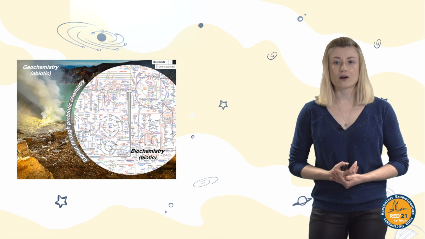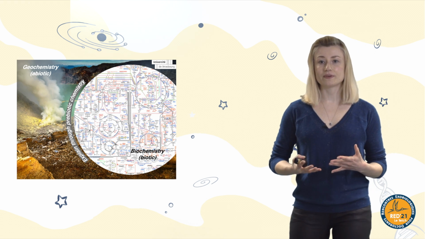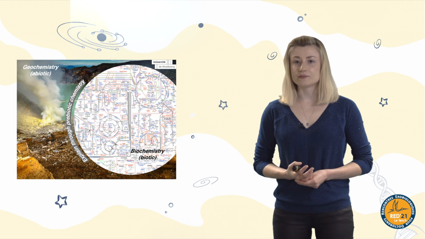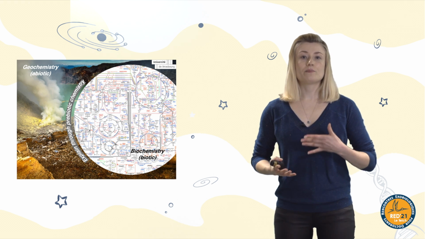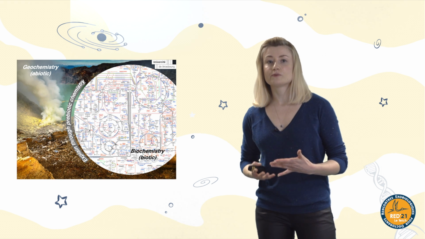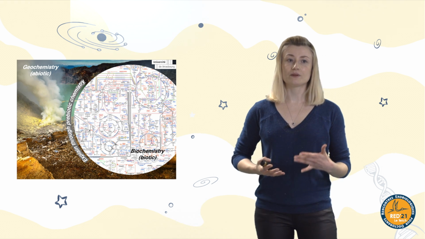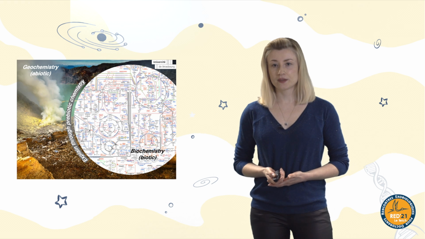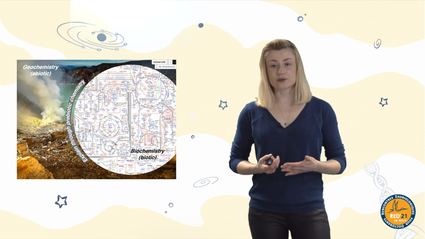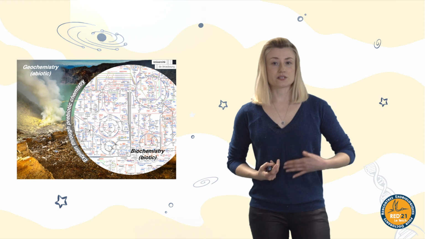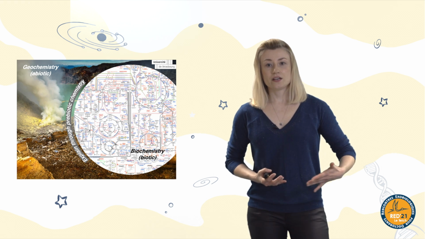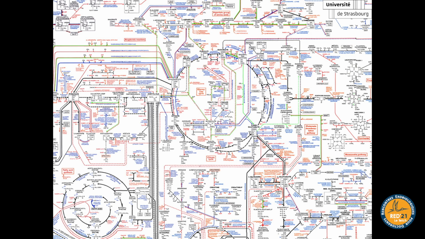This complex pattern, this complex map that we call biochemistry, which is a chemical depiction of all the chemical processes that life does today. So the area of science that addresses these questions and tries to explain it is called prebiotic chemistry.